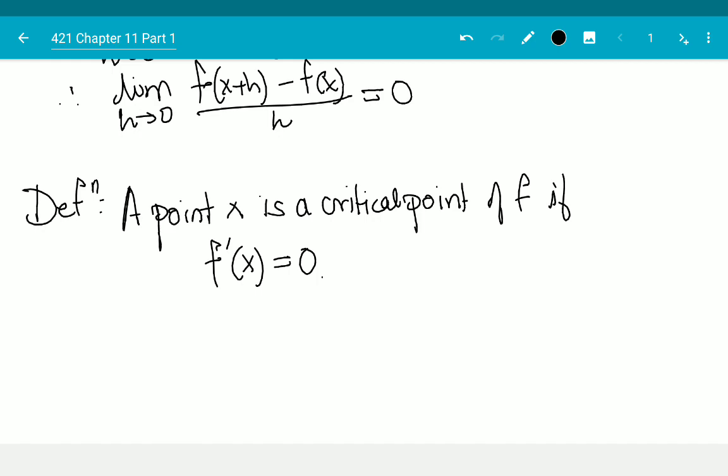This is what I'm going to call the critical point, and the value of f of x is called the critical value.